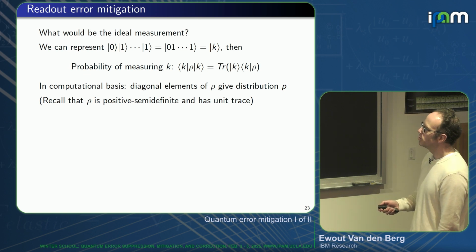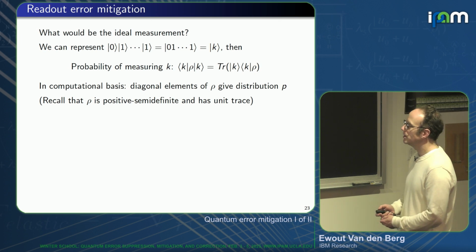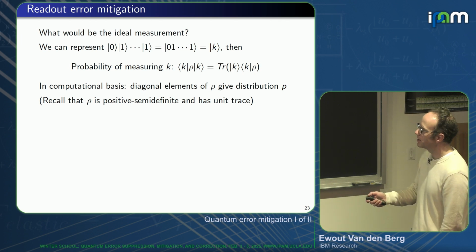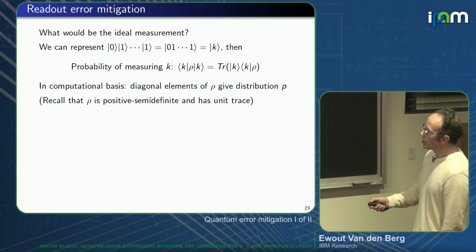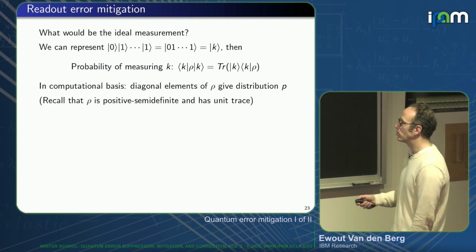So what would be the ideal measurement? If we have a number of qubits and you have zeros and 1s, then you can make it into a binary vector and assign it some integer. So the probability of measuring this k is just this expression here, the trace with the outer product of the two.